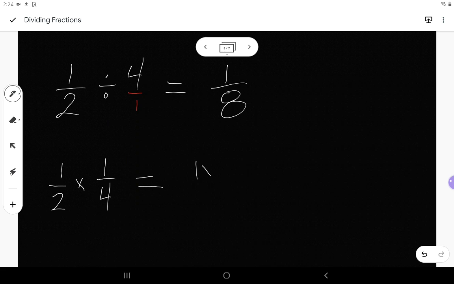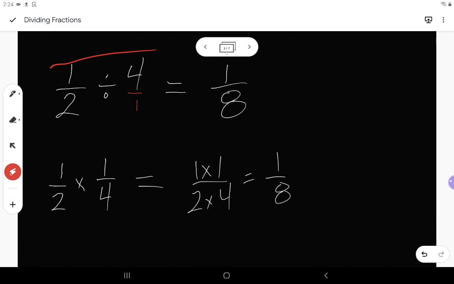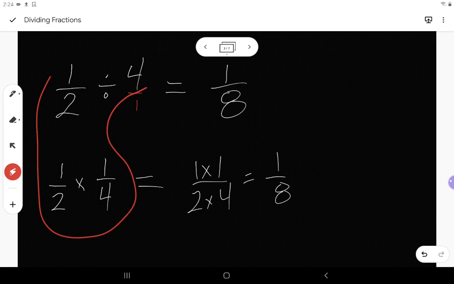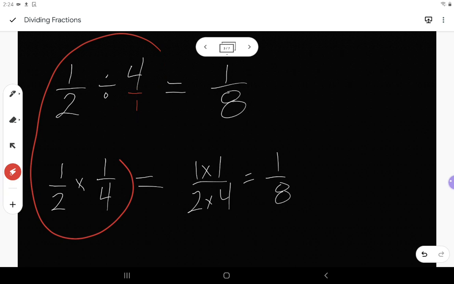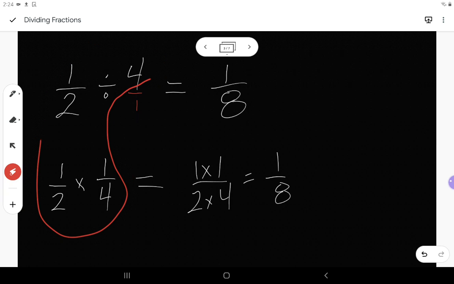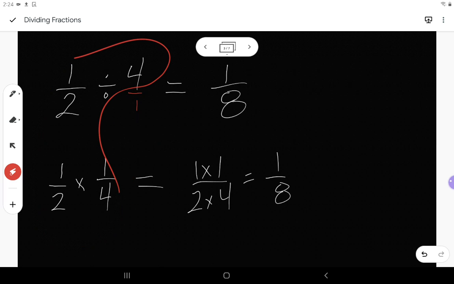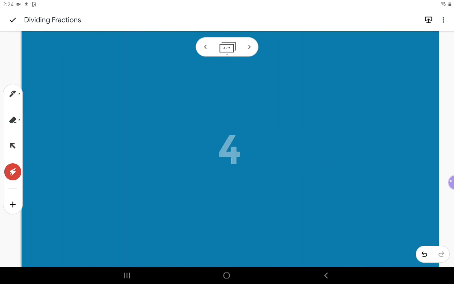This would be 1 times 1 and 2 times 4, and that gives me 1 over 8. These say the exact same thing. And that's the process I'm going to use for dividing fractions: instead, I'm going to change to multiplying. It makes my life so much simpler, okay?